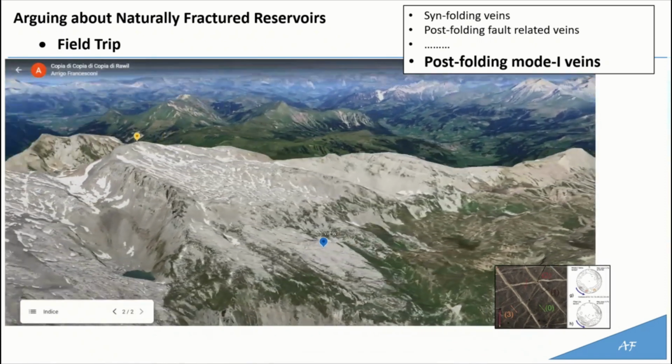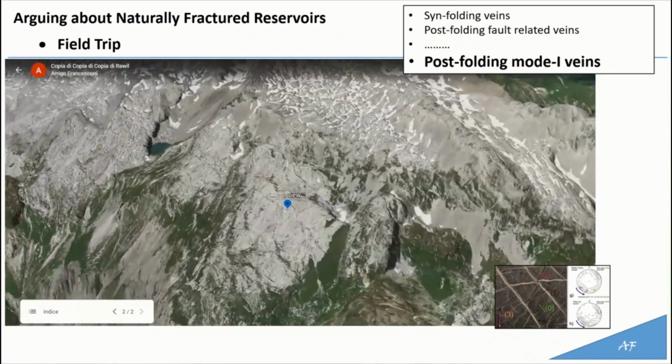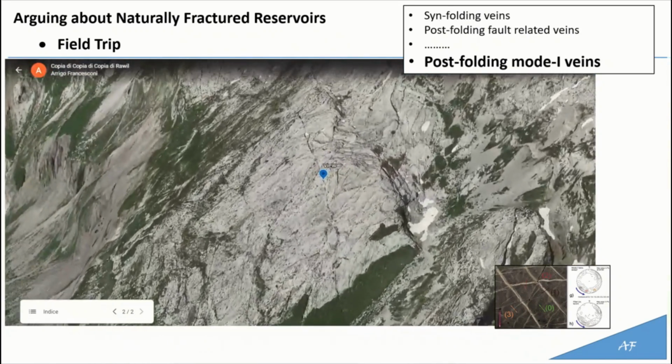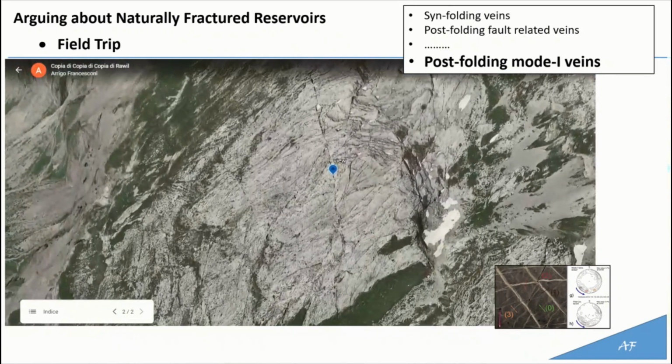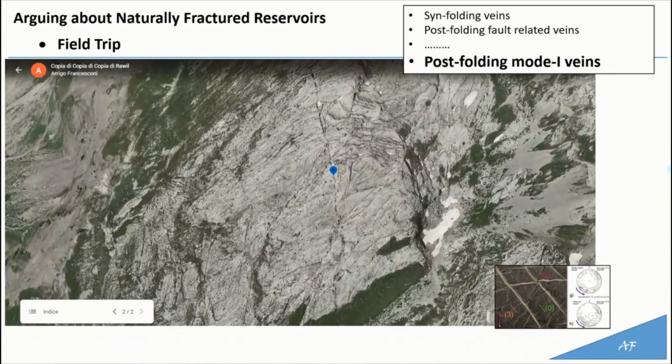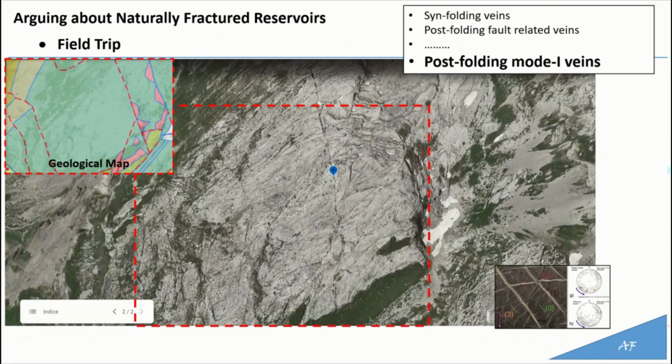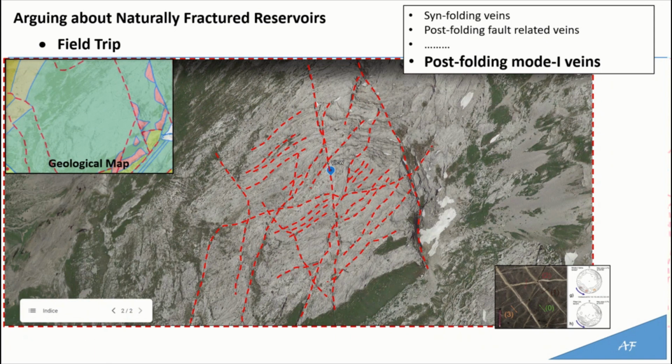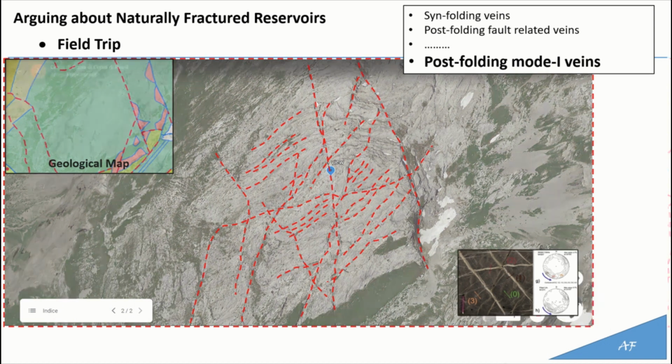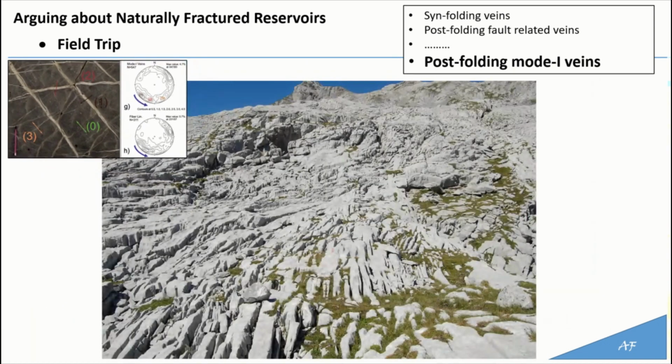Going closer to the outcrops, we can see from an aerial view that in between the large folds before mentioned, a by far larger number of decametric fractures can be recognized. And even more when we walk on top of the outcrops.